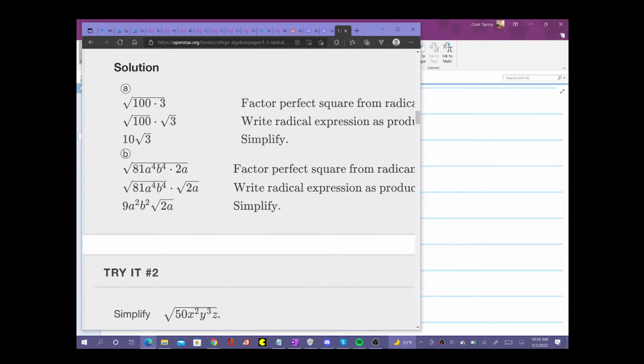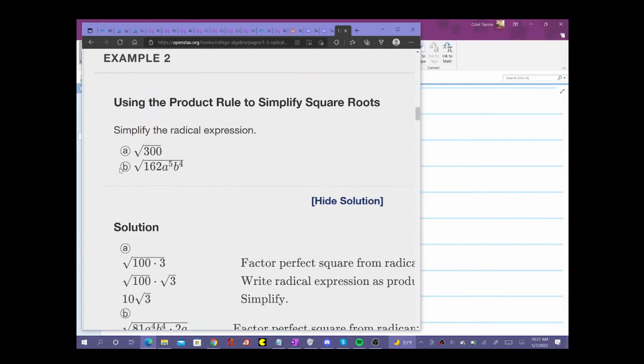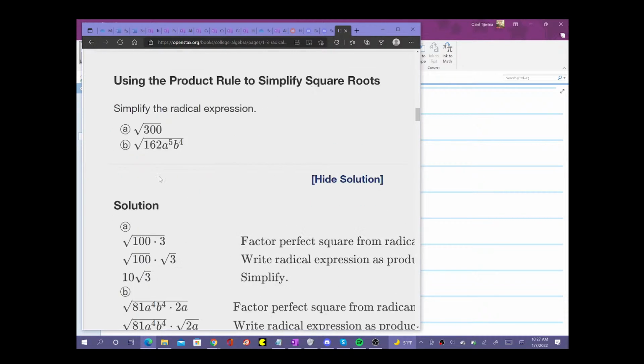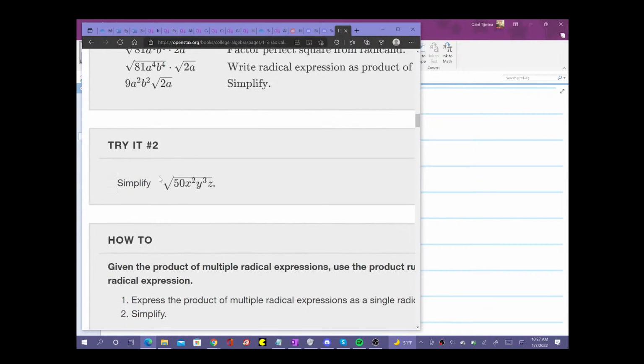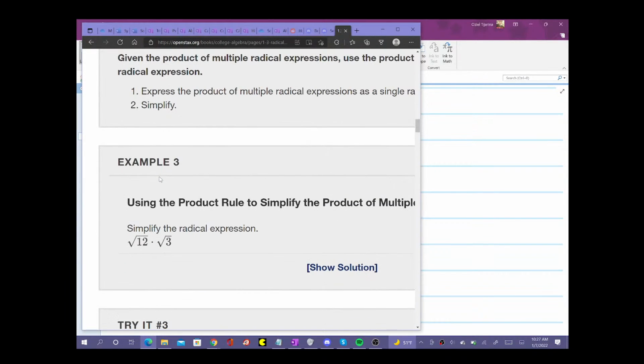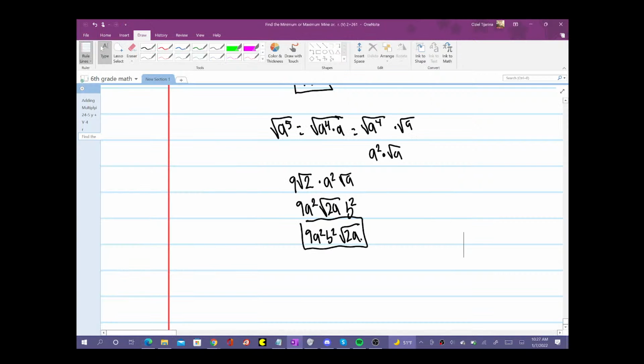Right? This one is a tricky one. Okay, so now let's move on to the next one. Simplify the radical expression: the square root of 12 times the square root of 3, right?